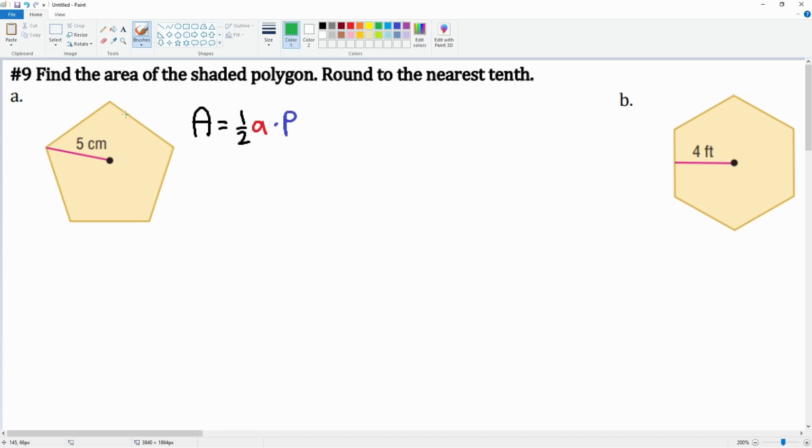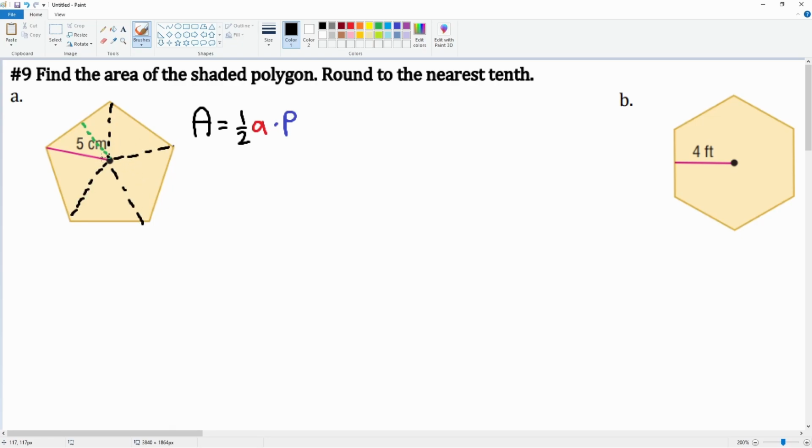The apothem is referred to as this part. So we have to find a way around that. First of all, we need to know what this triangle is.